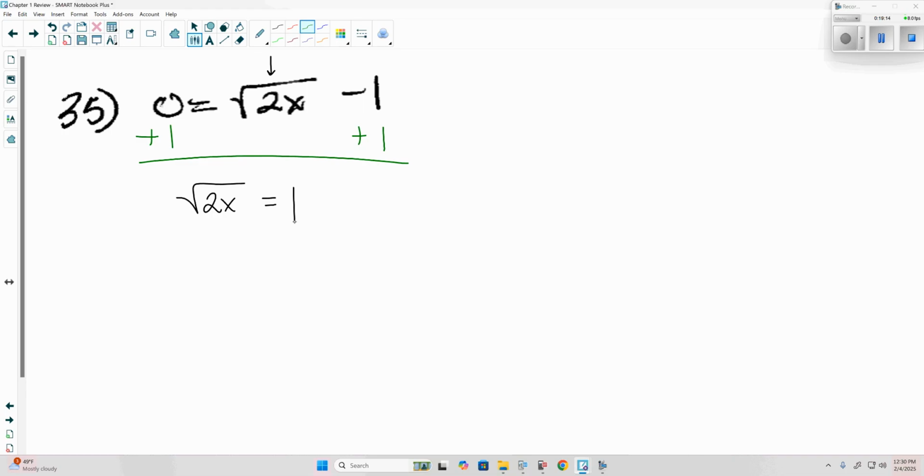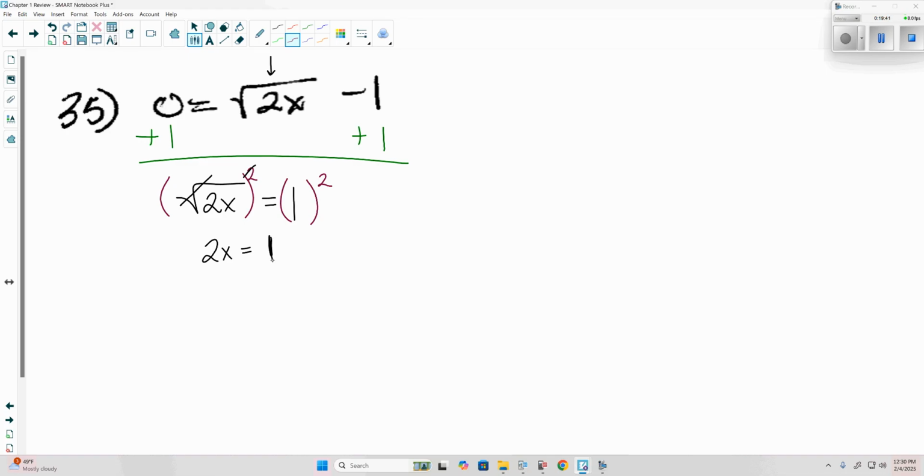Once we get the radical by itself, we're going to put both sides to the nth power. So since we're talking about a square root, we would square both sides. If we were talking about a cubed root, we would cube it. Now here, the square root and square will cancel, leaving us with 2x. 1 squared is 1.